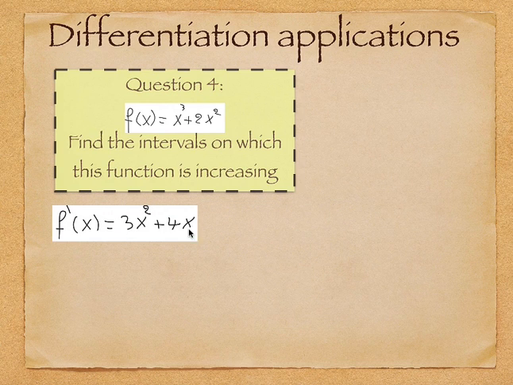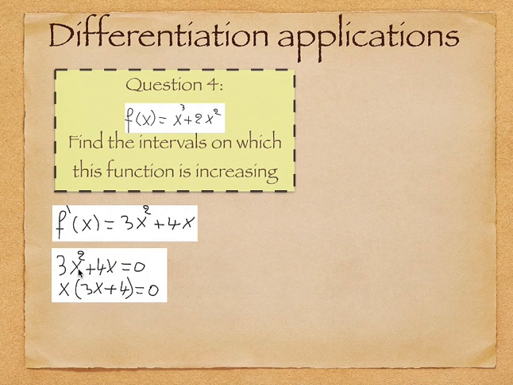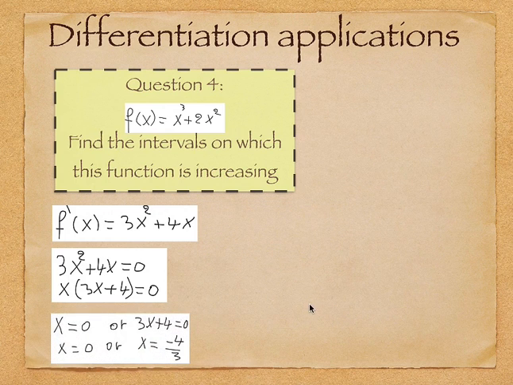Then we look for the critical values where the derivative is 0. So you put 3x squared plus 4x equals 0, factorize, and then get x equals 0 or 3x plus 4 equals 0. That gives you the two roots of the derivative, 0 and minus 4 over 3.